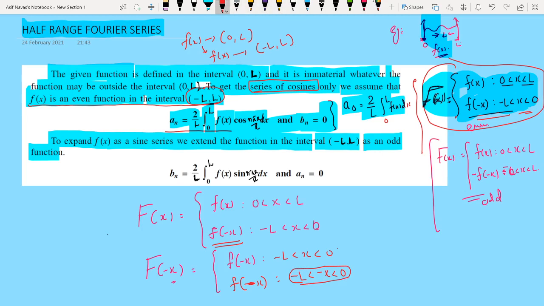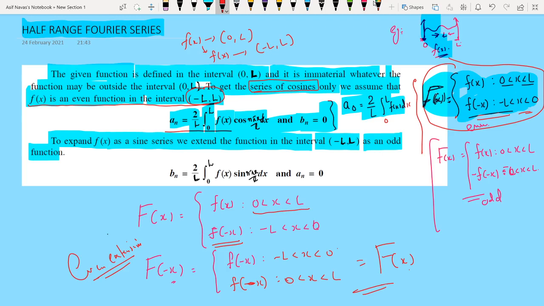If you multiply all sides by minus 1, you will get 0 less than x less than L. So what is f of minus x? This is simply f of x, so this is an even extension. Have you got it? So we can extend any function from 0 to L in such a way that it is an even extension.